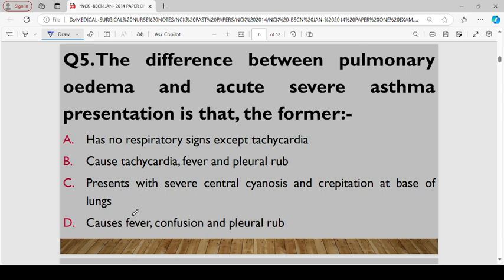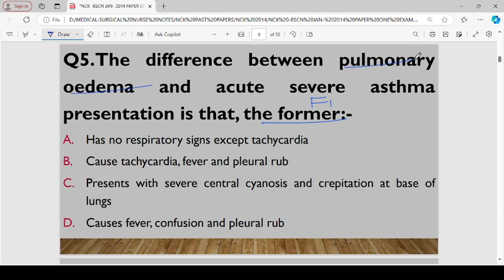Number 5, you're being asked the difference between pulmonary edema and acute severe asthma presentation. The former is the first, right? So which is the first condition?